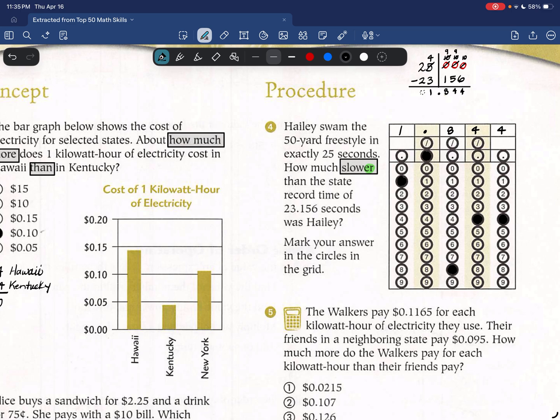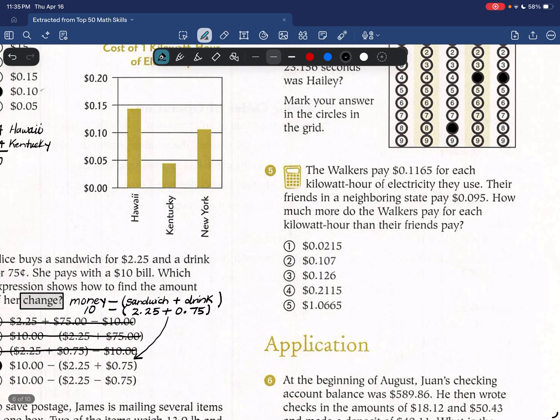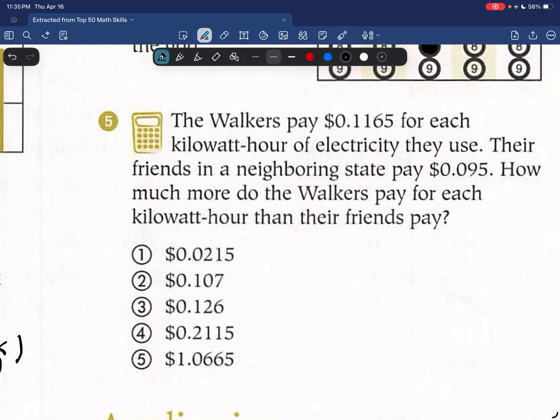All right, number 5. This is a calculator question. The Walkers pay for each kilowatt hour of electricity they use. Their friends in a neighboring state pay how much more? There's that phrase that's so important.